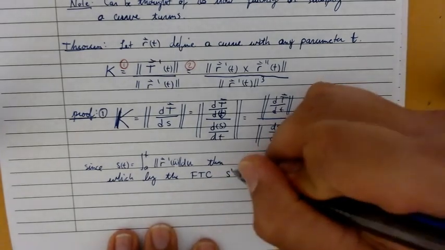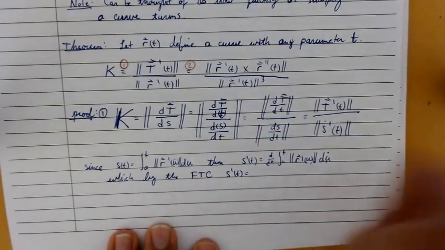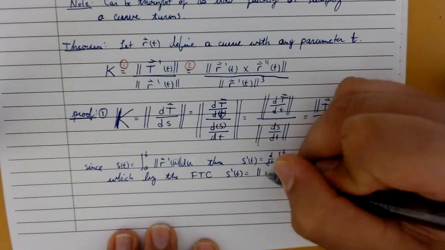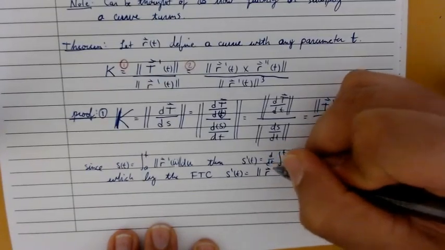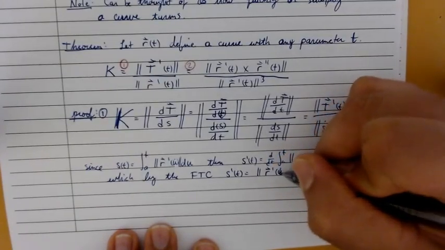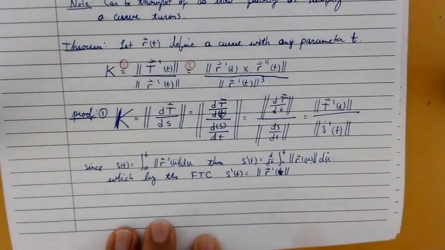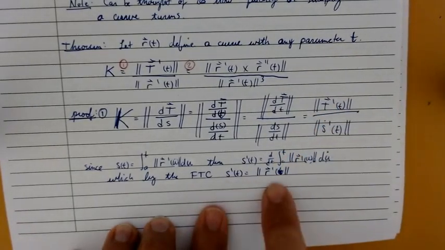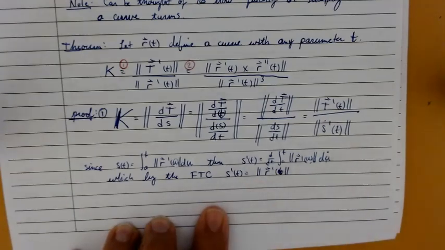That means s prime of t is just equal to that magnitude. Like that. So the magnitude of this is the magnitude of this. Oh, so it's the magnitude of the magnitude. Whatever, it's just the magnitude.